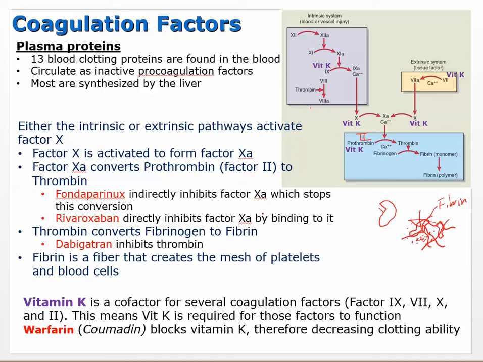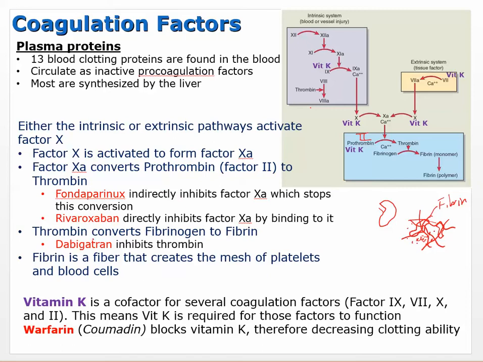Rivaroxaban is called a direct X or 10A inhibitor, and the only difference is that whereas rivaroxaban directly binds to 10A, fondaparinux will indirectly do it via antithrombin, and we'll talk about antithrombin here in a minute. So we have a couple of drugs already, and we know their mechanism. They just bind to that factor 10A.